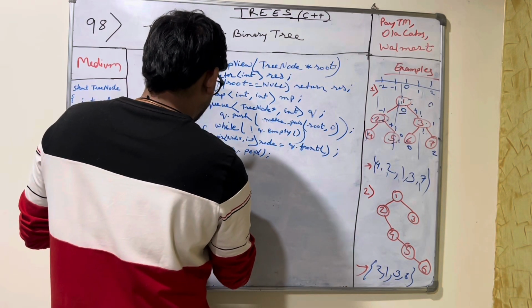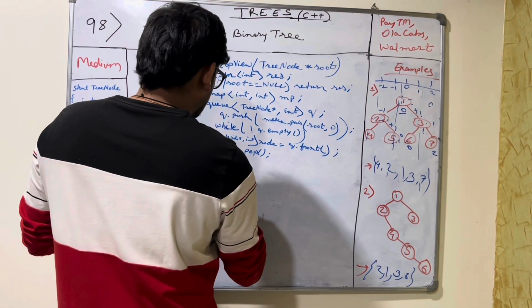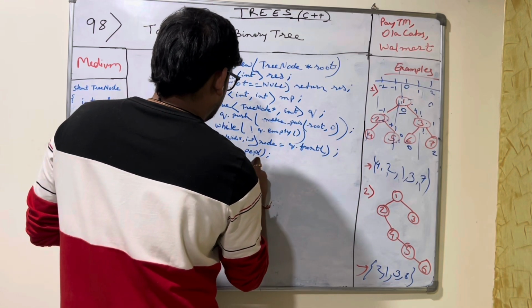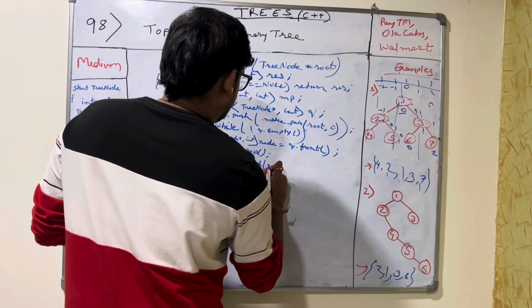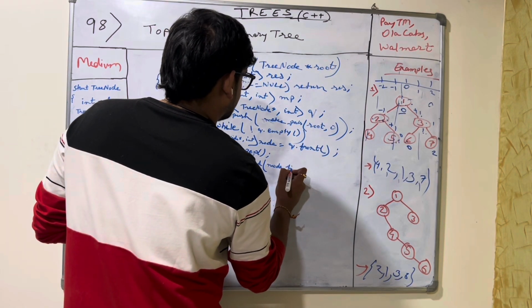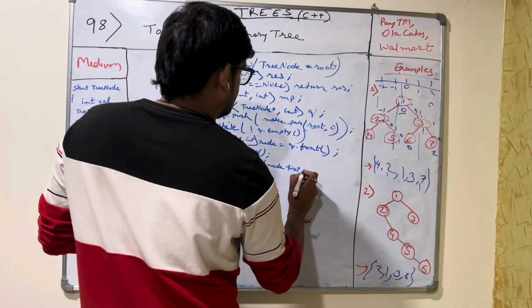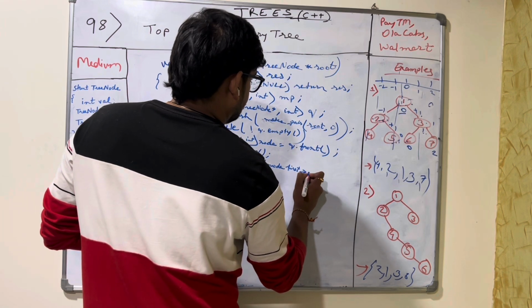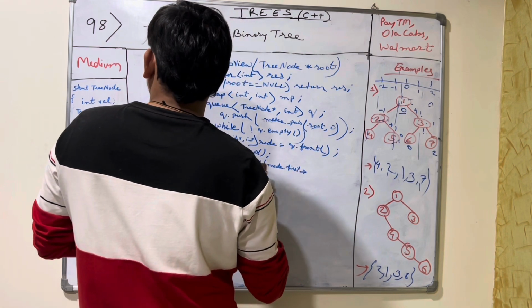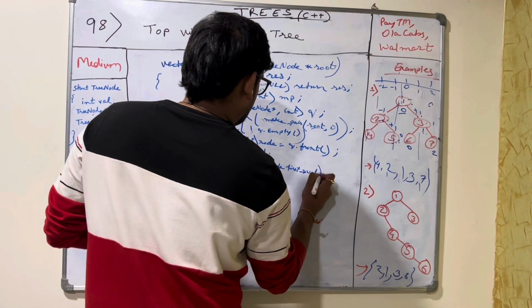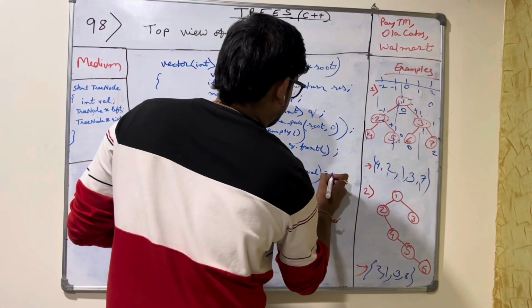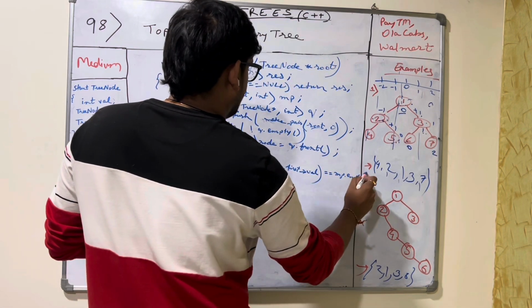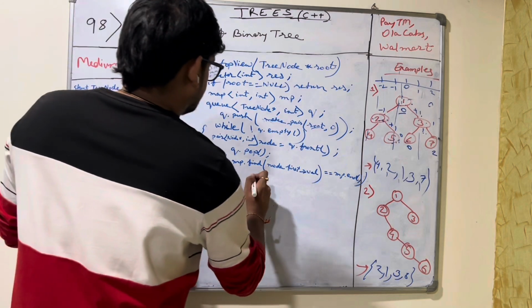Now if mp dot find node dot first, which is the root, if this value is not present in the map, then we will push this value.